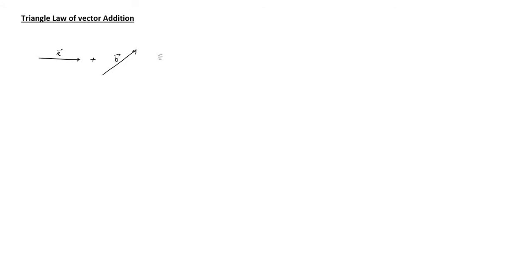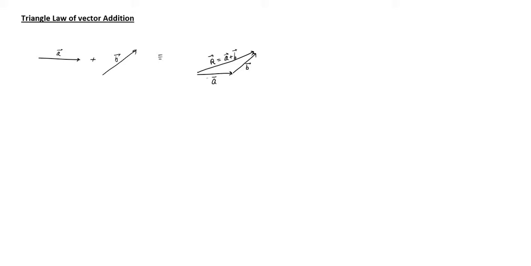So we arrange the two vectors one after another, with A as the first vector and the tail of B touching the head of A. Then the resultant of these two vectors is given by the third side of the triangle. Let us call this vector R, which equals vector A plus vector B. This is the way we can add two vectors by the triangle law of vector addition.